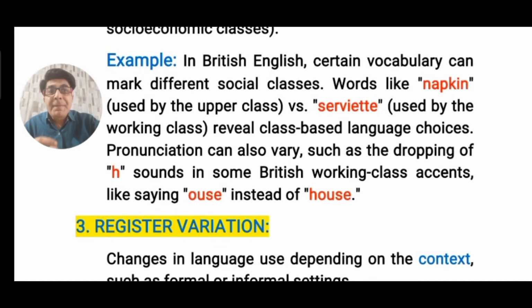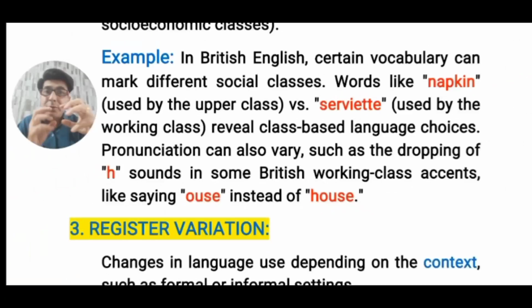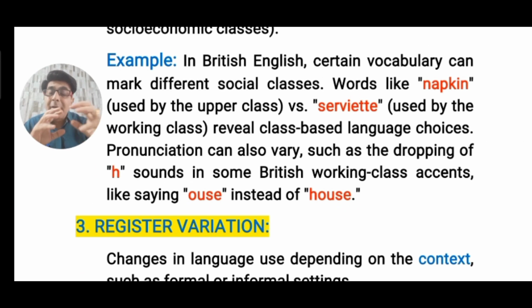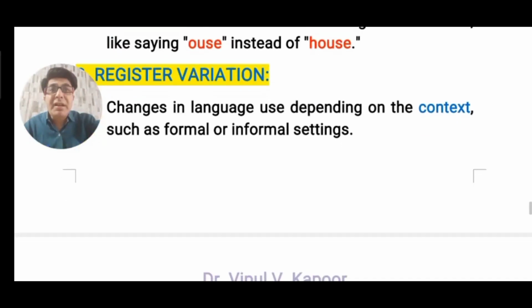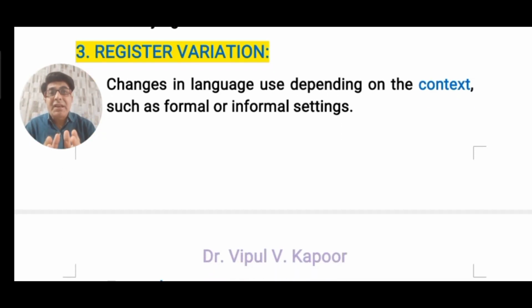In the same manner, upper class people and lower class people pronounce the word house differently. So there is a variation of language that you see among different social classes.